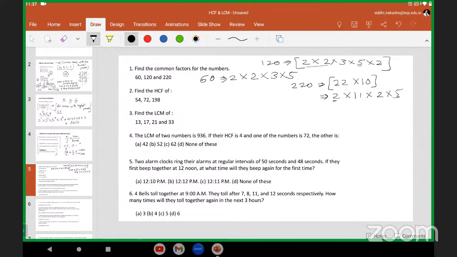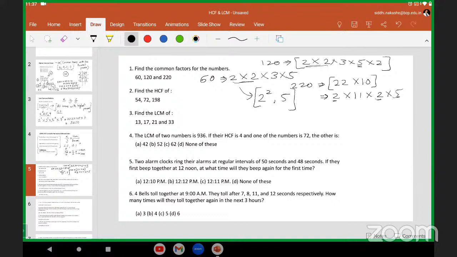But 2 appears twice in this case, twice in this case, and twice in this case. So the common factors are 2 square and 5. You can say it as 4 and 5, but always remember to write it in the format of 2, 3, 5, 7. So 2 square and 5 are the common factors. If we multiply them, that is 20.